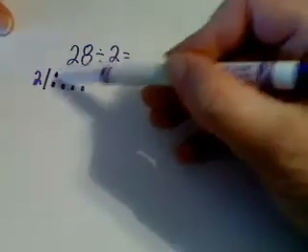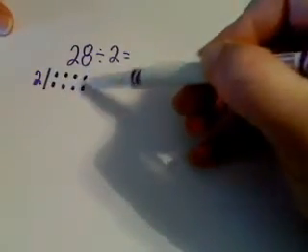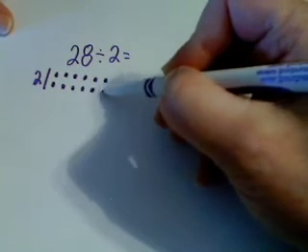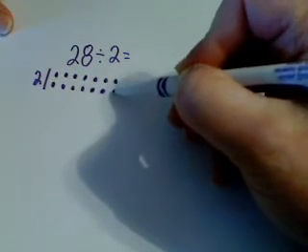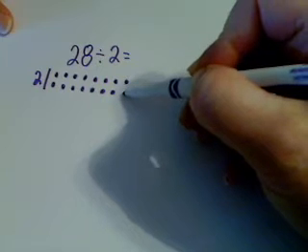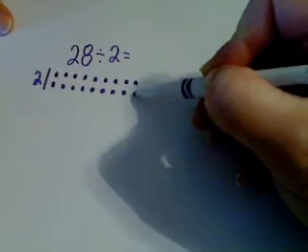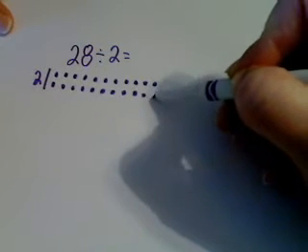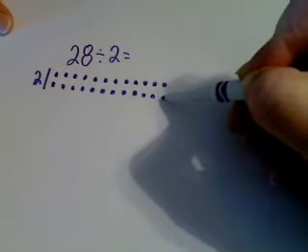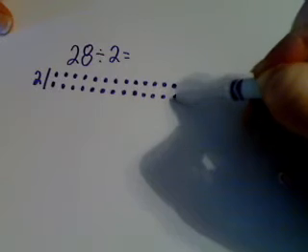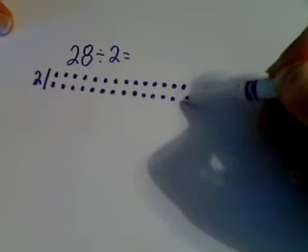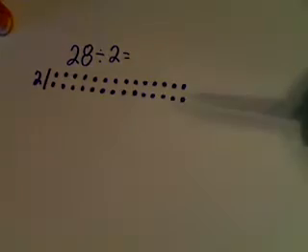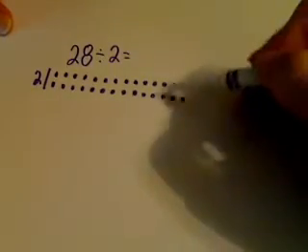Okay, so I have 1, 2, 3, 4, 5, 6, 7, 8, 9, 10, 11, 12, 13, 14, 15, 16, 17, 18, 19, 20, 21, 22, 23, 24, 25, 26, 27, 28. I have 28 dots there, and they are in groups of 2.